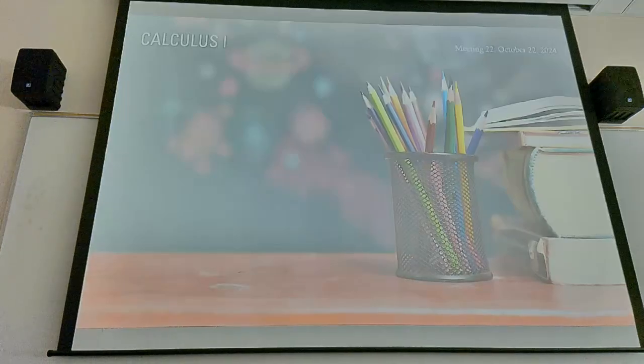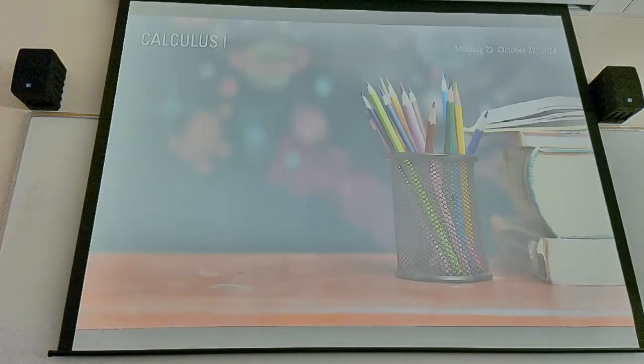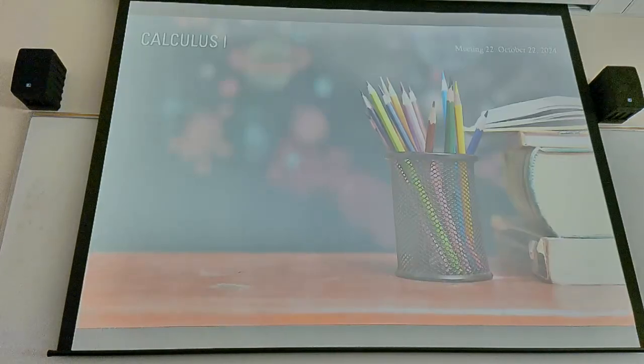This week we deal with approximations. So what does the derivative represent?